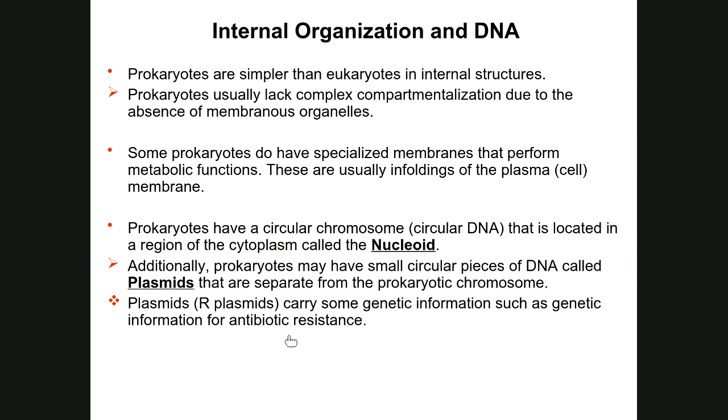And part of that circular piece of DNA comes from an R plasmid. It was an R plasmid that was isolated, that was found to contain genetic information for resistance to an antibiotic called ampicillin.